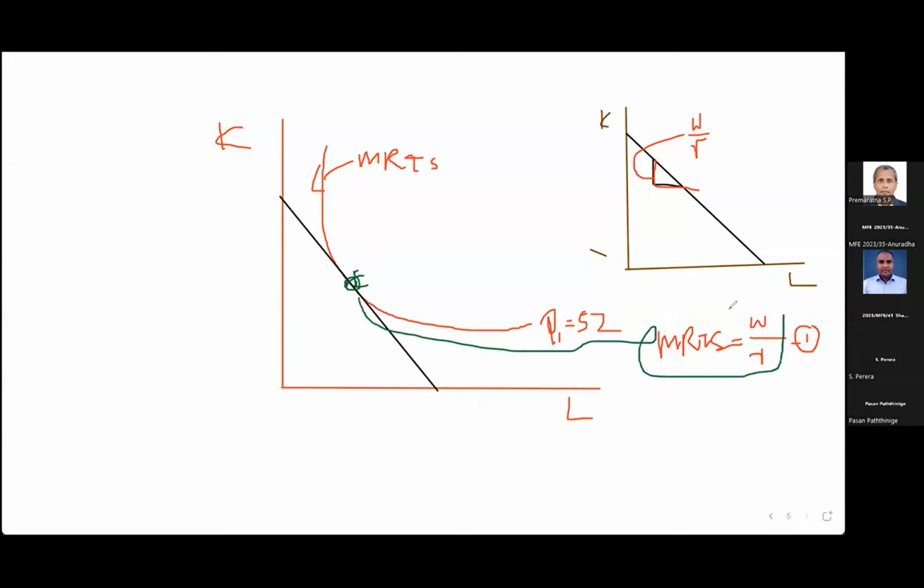Then we reach the first order condition, the optimal condition. Now look at here, with that we can find the optimal amount of labor and capital to recruit to produce Q2.